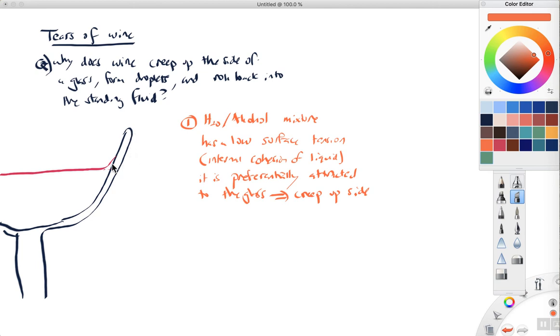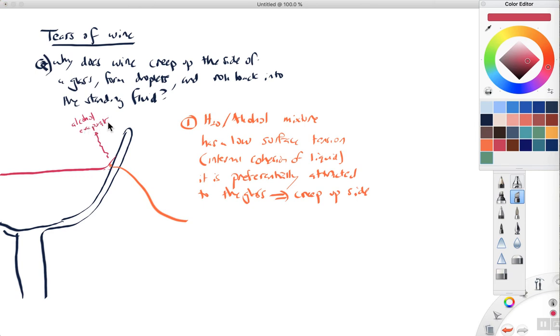Okay, so that's what's happening here, this wine-water mixture is kind of creeping up the side right here. And then in this region right here, what's going on? Well, since this is a thin layer, as the alcohol evaporates, because alcohol evaporates more readily than water, it's more volatile. So the alcohol evaporates.